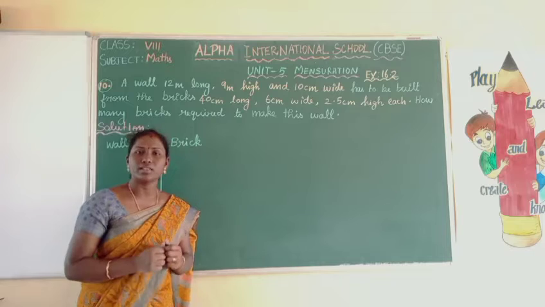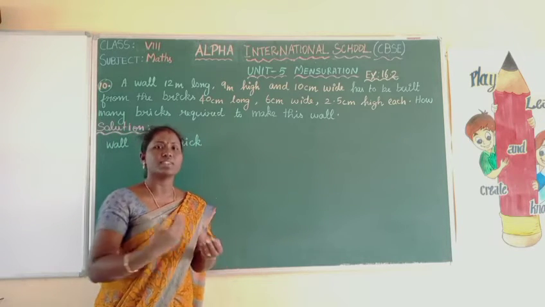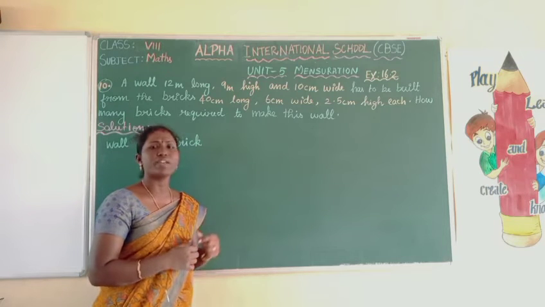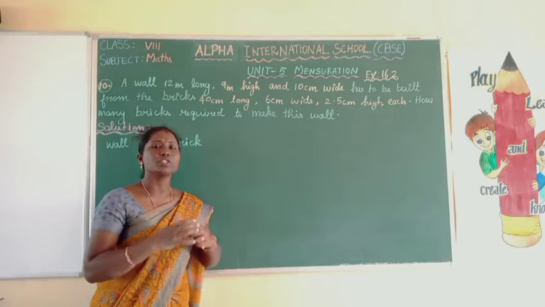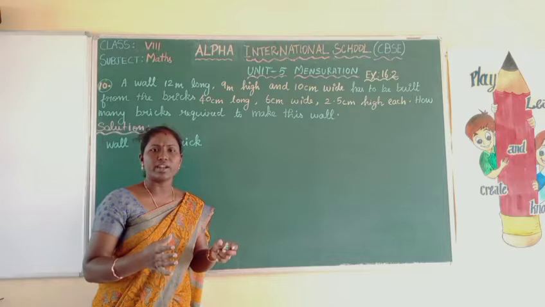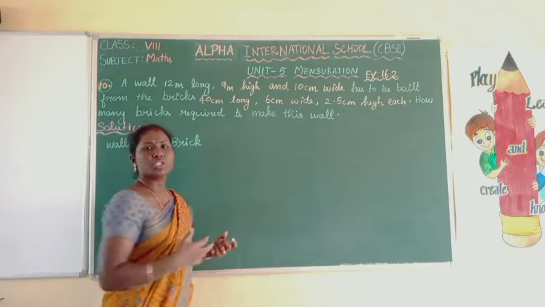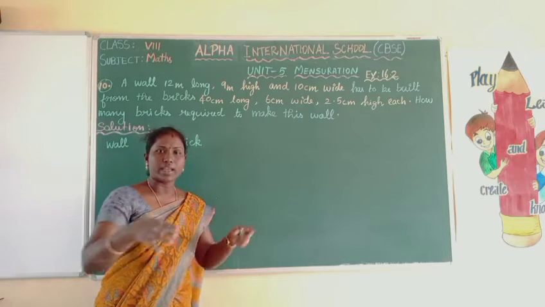Okay, how to find this? Imagine, based on the length of the wall as well as the length of the brick only, we can find the number of bricks required. In the same way, we are going to find the total volume of the wall. If you construct the wall finally, it will be the shape of a cuboid, isn't it? By seeing the measures, we can say that the wall is in the form of a cuboid.